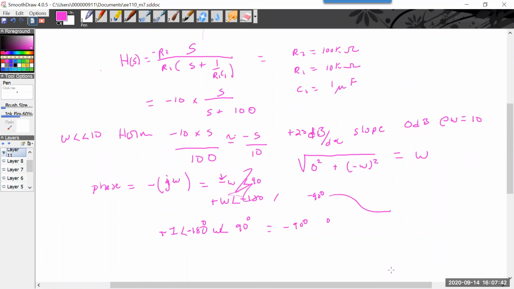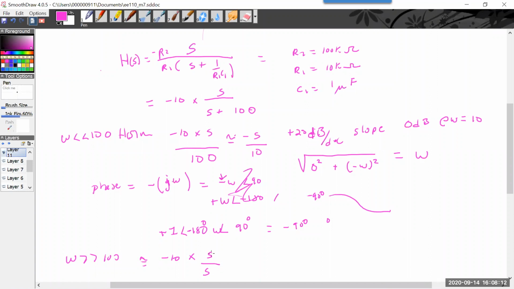We're running a little bit out of time. All right, so when omega is a lot bigger than 100, we have minus 10 s divided by s, because now we're much bigger than 100.